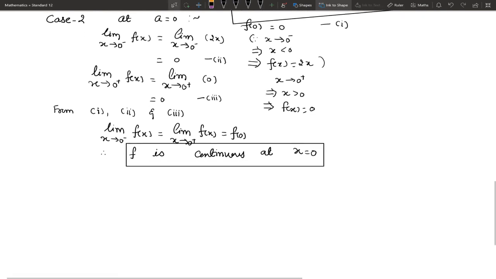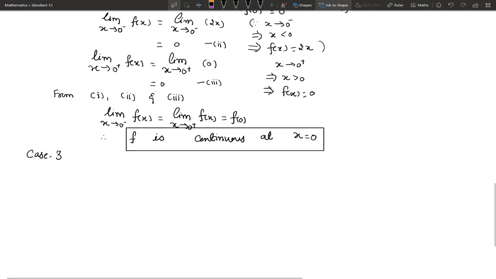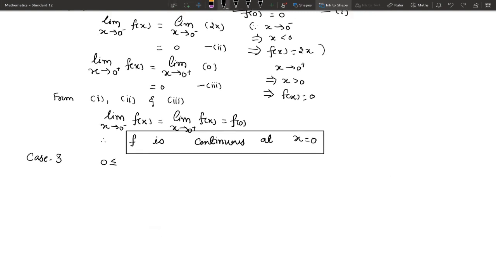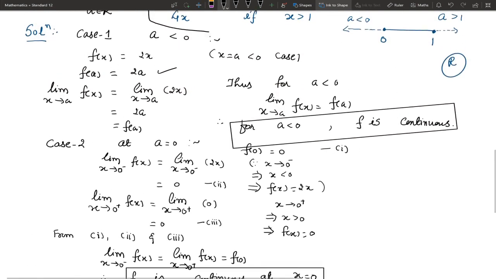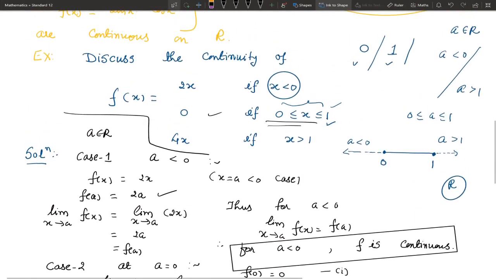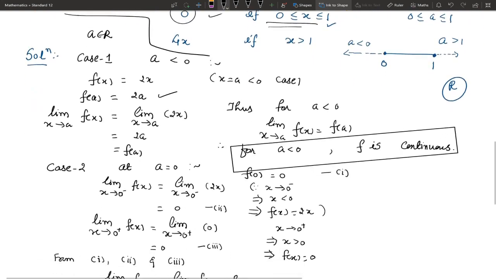Now we consider case 3, 0 less than a less than 1. So what is f of a? In this case f of a is 0. You can observe from the definition of the function that the value is 0.